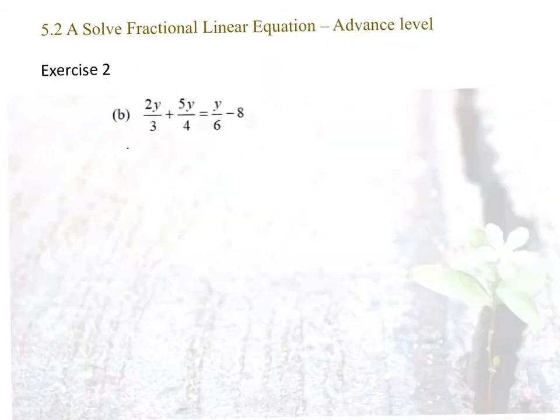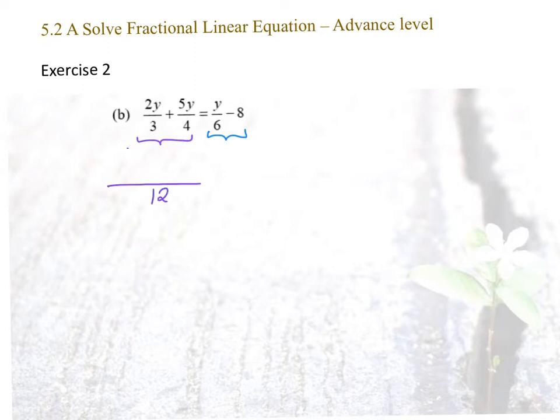Solve the following equation. Again, we are still going to combine both of them into one single fraction on the left hand side. So what will be the lowest common multiple? And the one on the right hand side will also combine into one single fraction. What is the lowest common multiple on this side? So the LCM here is 12.